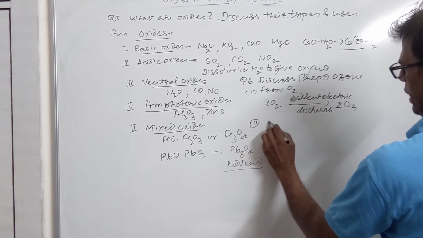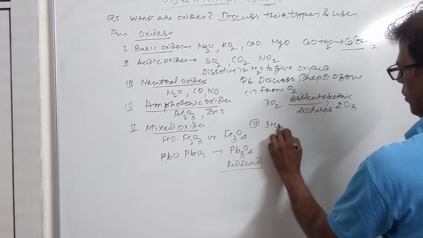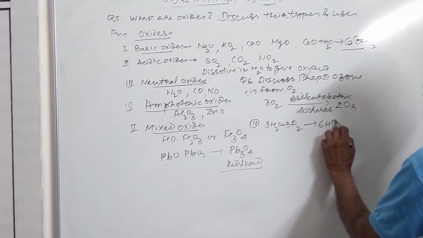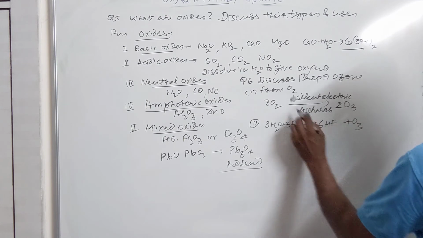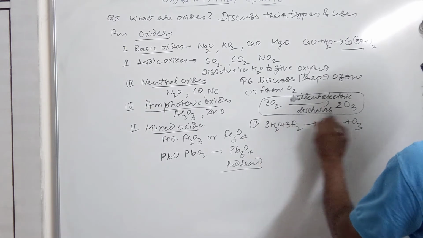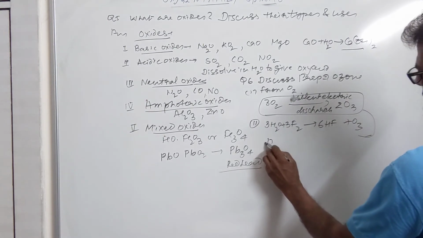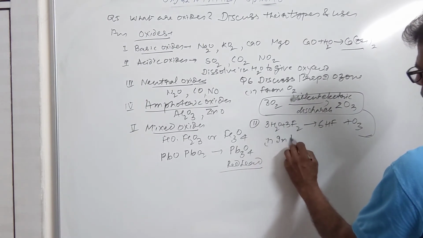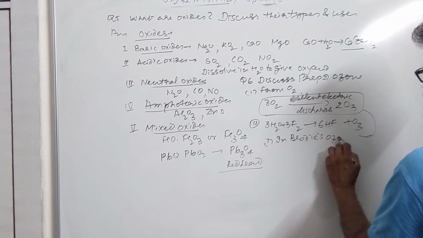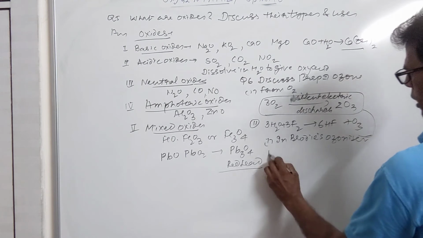Second is by passing fluorine gas through water. You get 6HF plus ozone gas. This process is carried out in two types of ozonizer. First, it is done in Brodie's ozonizer and Siemens ozonizer.